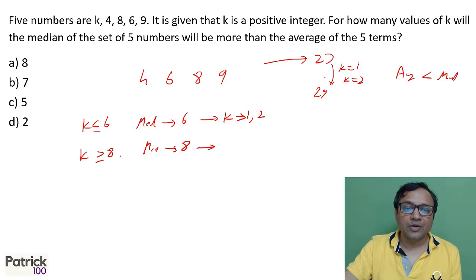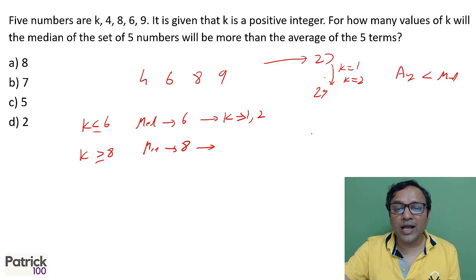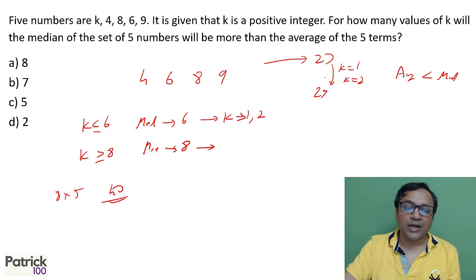Coming to the second case. For k to be more than 8, the median is 8. So the total has to be 40. 8 fives are 40. Total of all the numbers has to be 40. 8 fives are 40. Right? So the average has to be less than 8, meaning the total less than 40.